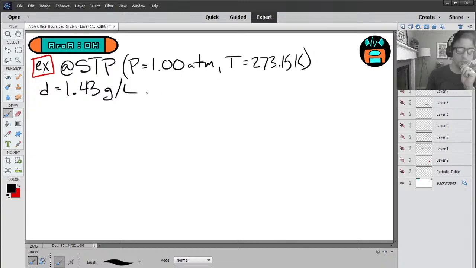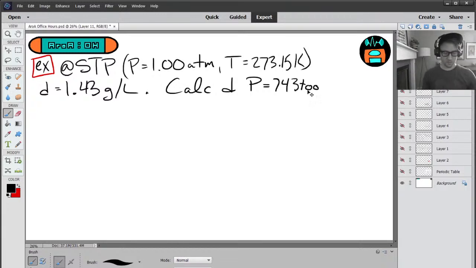And we're told to calculate the density when the pressure is 743 torr and the temperature is 26 degrees Celsius.